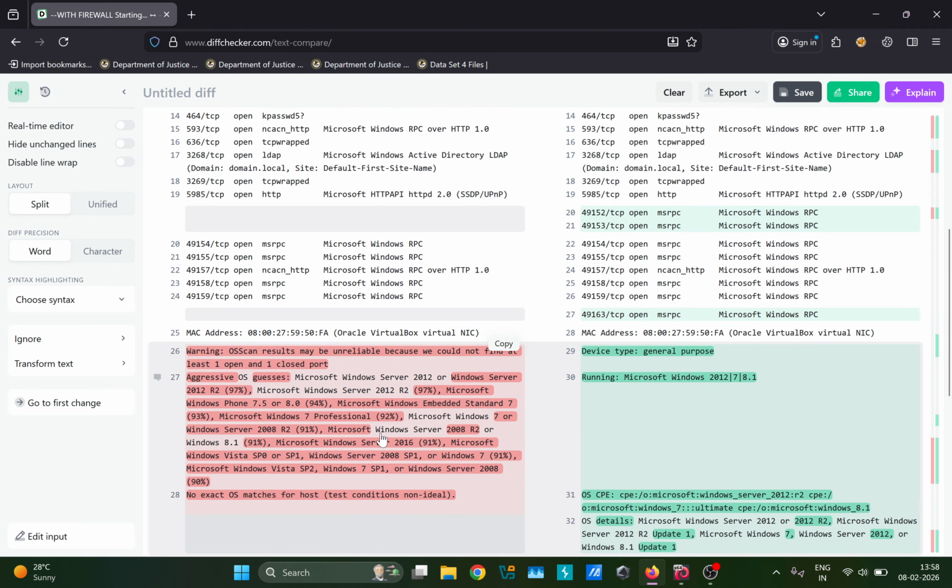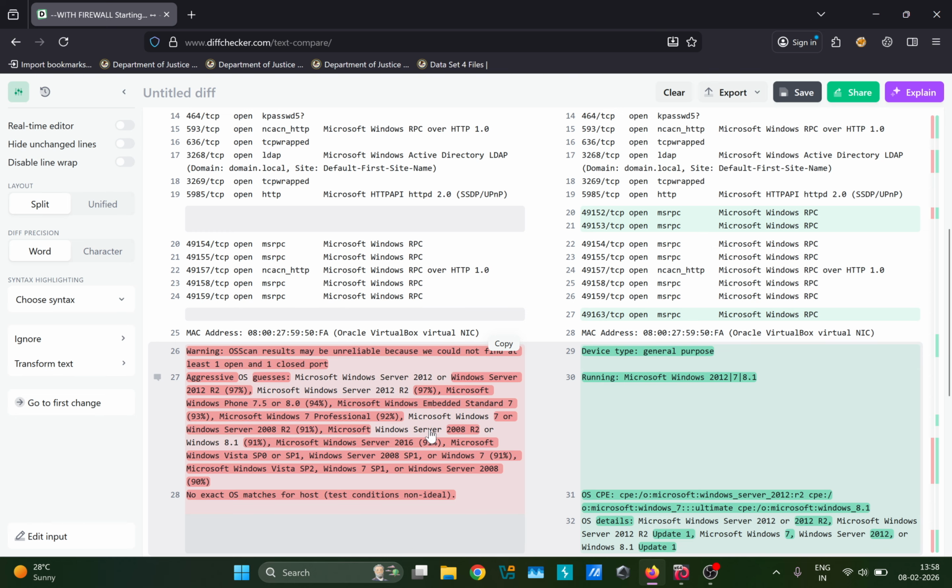Here you can see they only gave a probability that it's 91% 2008. Actually the server is Windows Server 2012, but the detection was not accurate. You can see 97% for 2012 R2, and the phone is also 94%.